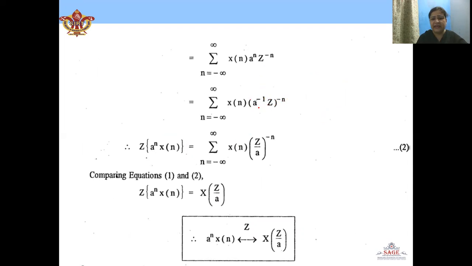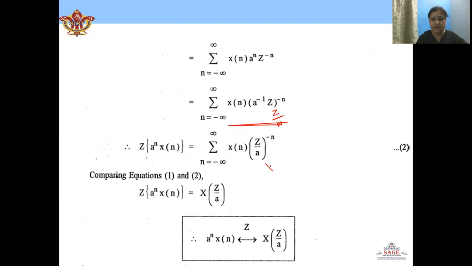Now here a inverse z means that we can write it as z upon a because it has a raised to power minus 1. So z upon a raised to power minus n. So here we can see that this represents the formula for the Z transform, but the only thing is that in place of z, we have z upon a.